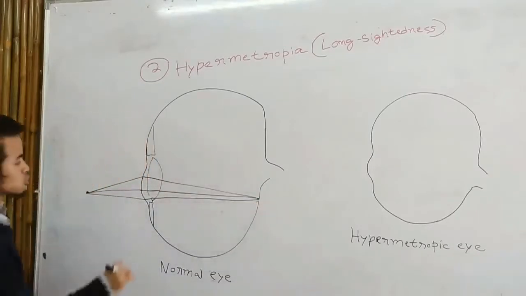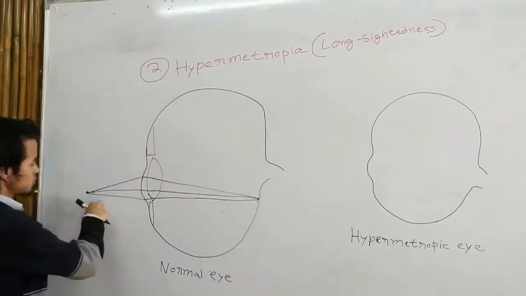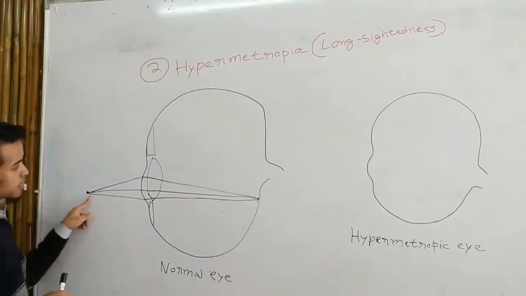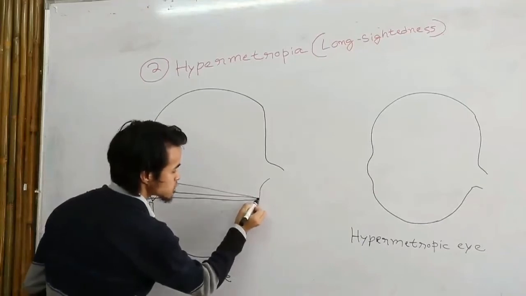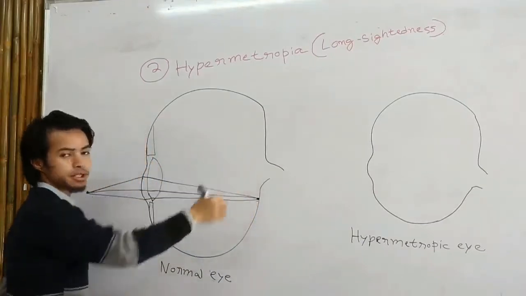So the cornea bends the light rays coming from a near object, and then the crystalline lens further bends them so that the image will be formed at the retina. This is the retina.